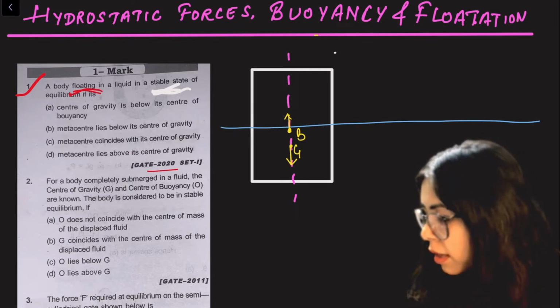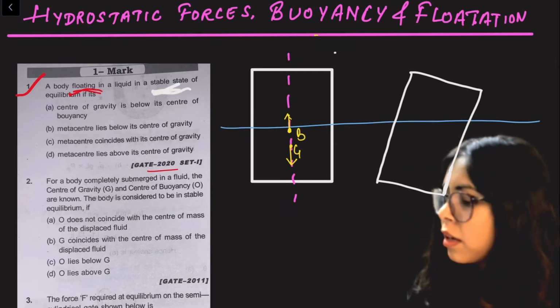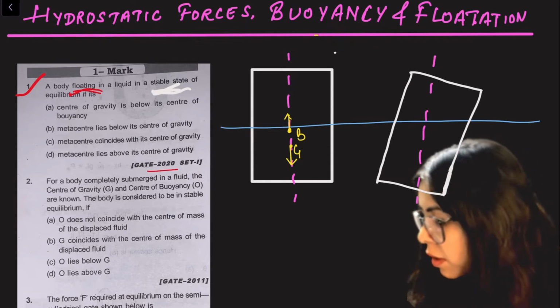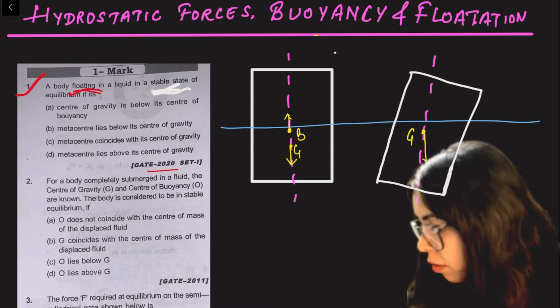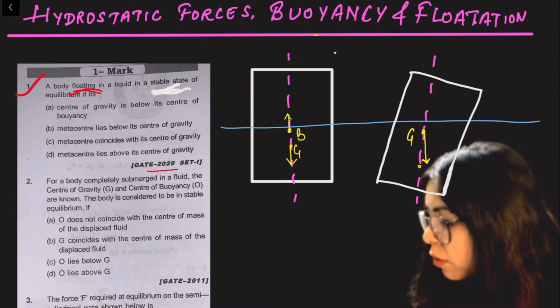So the body is trying to float, but there will be tilt sometimes. Now the center of gravity is somewhere here in the body, and it works downward. The buoyant force B will also act at the center.